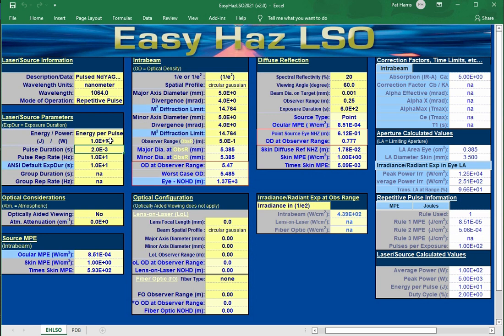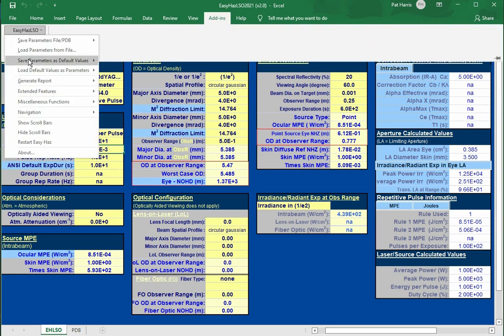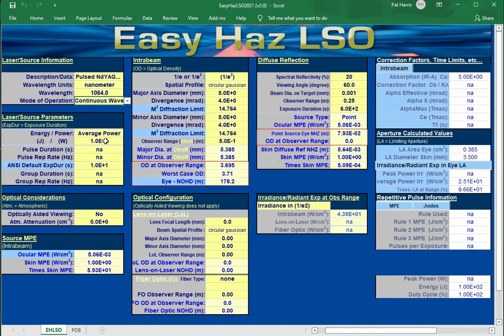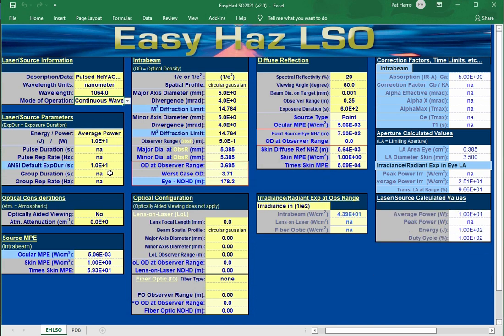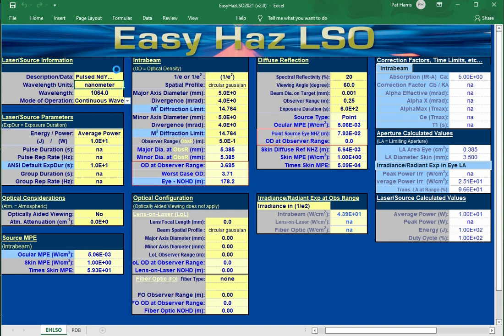Had I wanted to change that and put everything back, I could have gone up to the menu and said, save as a default value. Let me just put it in default file 1. Then we could have sat here and looked at the continuous wave again. We'll just leave it like that and say, well, now I want to go back and look at my original conditions. I come up here and I say, load default file 1. Okay, and it puts everything back in just a moment.